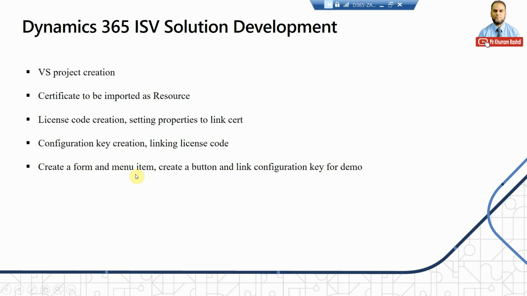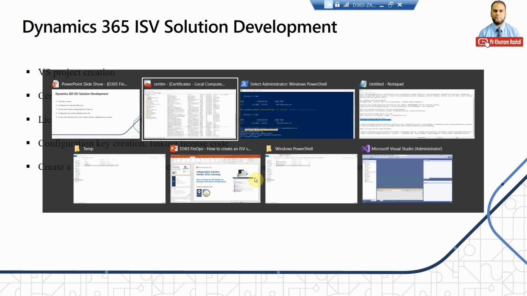In this demo we will be creating a simple menu item and form, and in the form we will place a button, and then we will link the configuration key to that button, and we will check whether it is visible or not visible before and after the application of the license. So we will go ahead with these steps, and then we will return to the PowerPoint again.